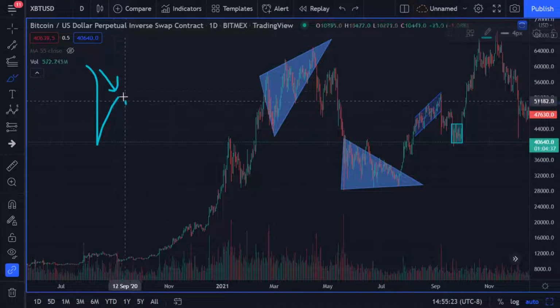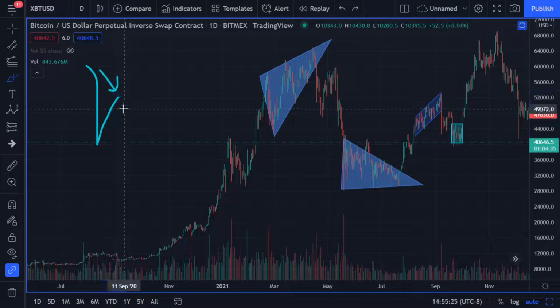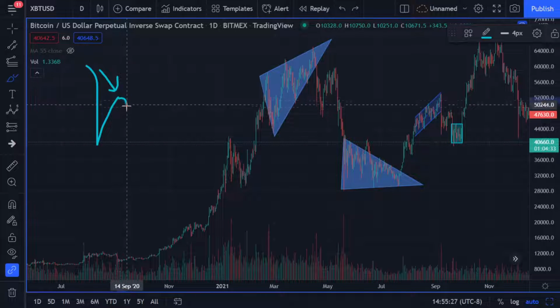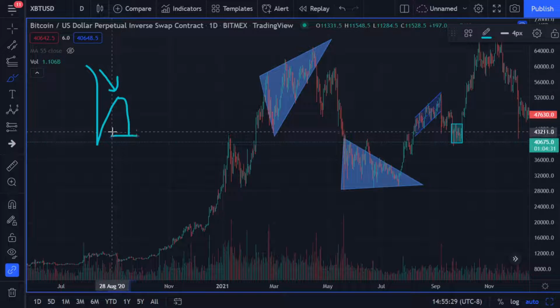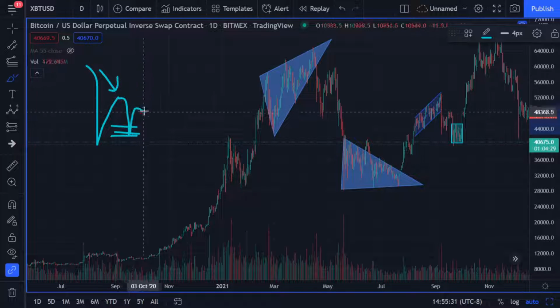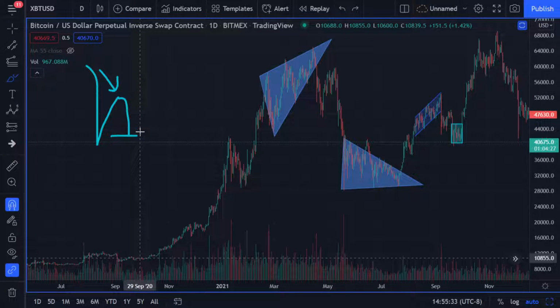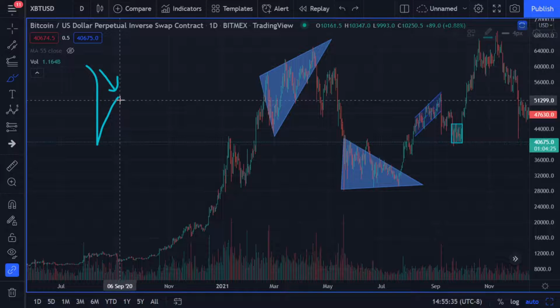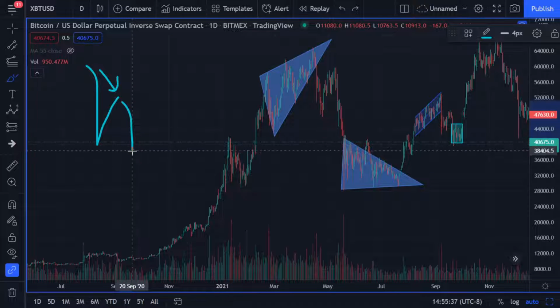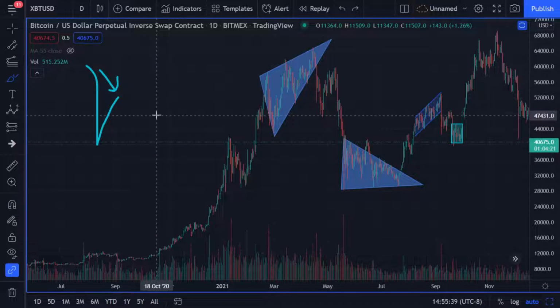But this was enough strength from the bulls that it's possible that there may be more bulls down here and we may not have as many sellers and we might get another bounce here, right? Maybe at a higher low or maybe at exactly the same level, maybe slightly below, whatever the case may be.